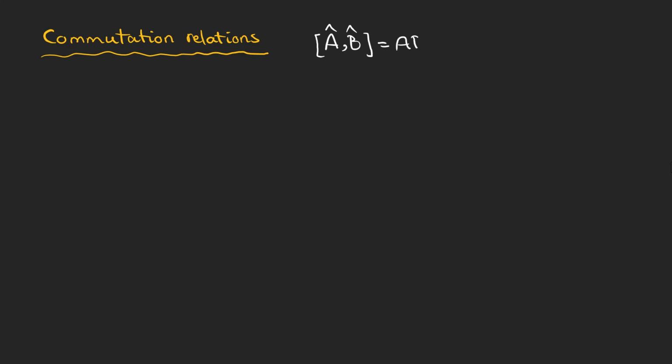Suppose we have two operators A and B, and we can say this is the commutation relation of A and B. So if they commute, this expression is zero, and it doesn't matter whether we use A first or B, because AB is equal to BA. But sometimes this expression is not zero, and these two operators don't commute. And here, order matters. AB is not BA.